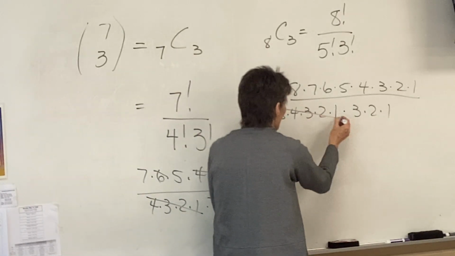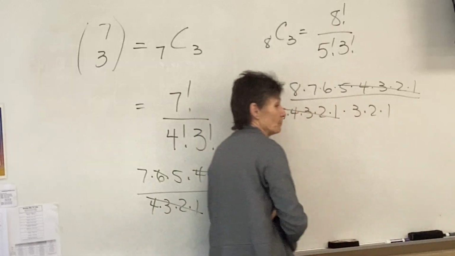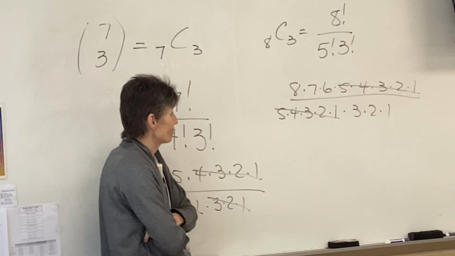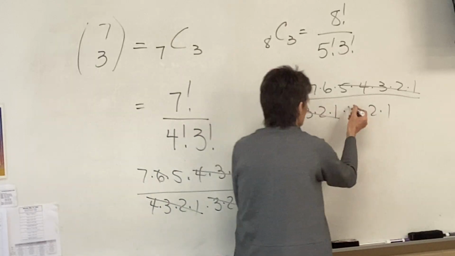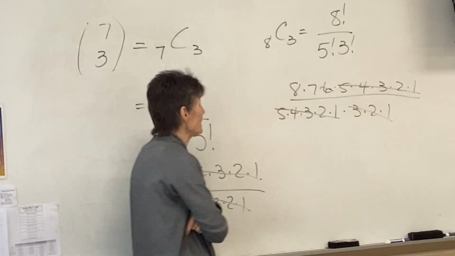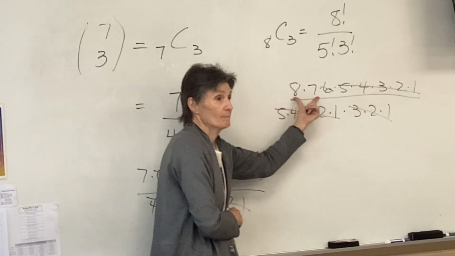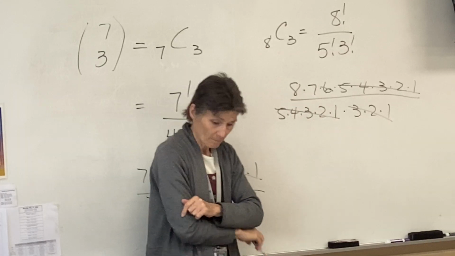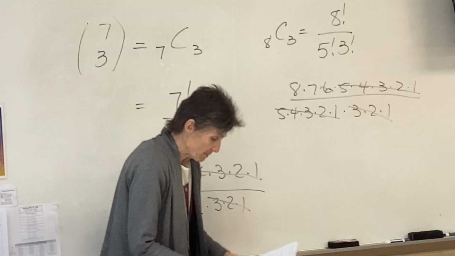From 5 on is gonna cancel. 3 times 2 times 1 is just 6. So 8C3 is 56. See how easy that is? Yep, easy, easy. All right.